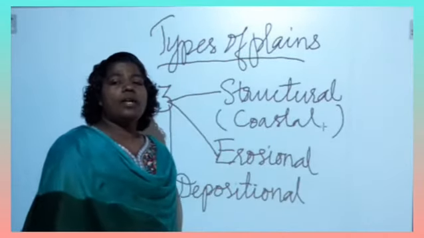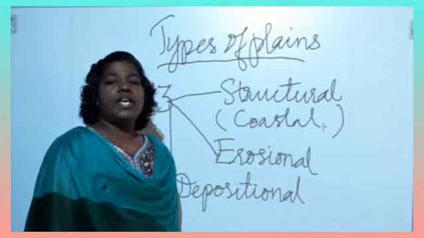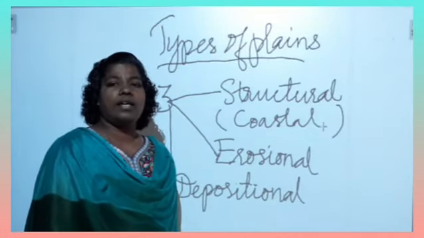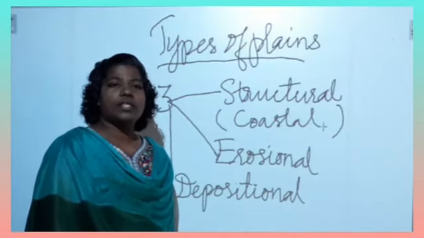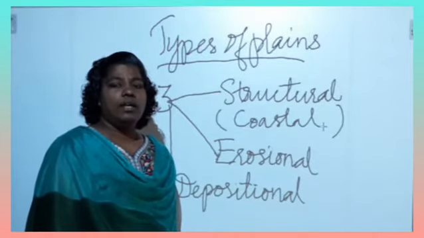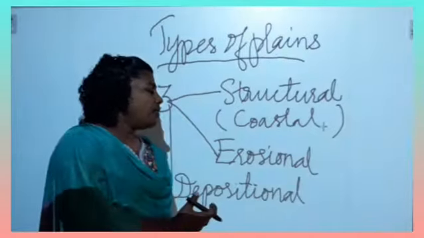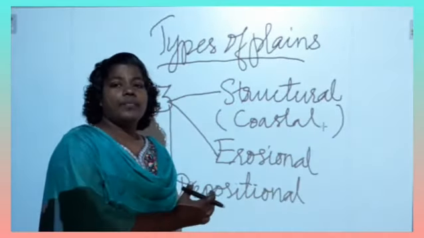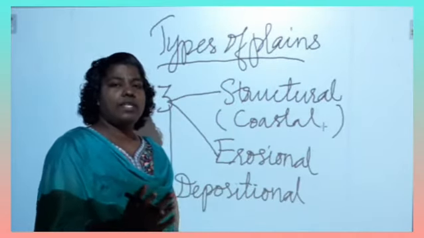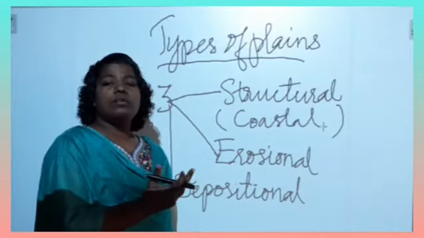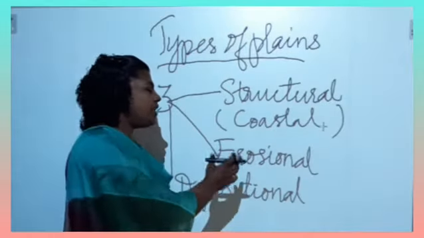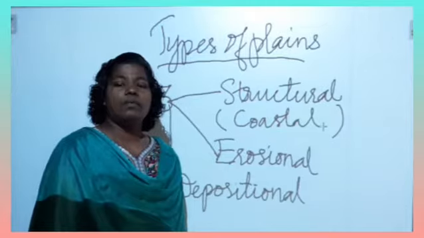It is eroded due to various natural phenomena like rain, we can say water. When we say water, it may be rain or the rivers. And also through the winds. The wind also erodes the soil. So in this way the erosional plains are formed.